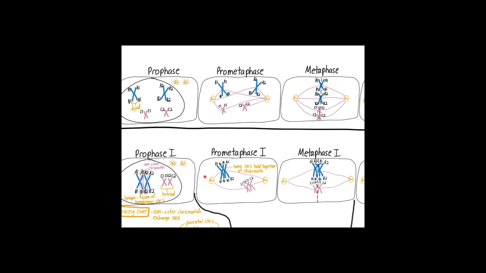During prometaphase 1 of meiosis, tetrads are bound by microtubules from both sides of the cell. But during prometaphase of mitosis, each sister chromatid of each chromosome is bound by microtubules from opposite sides of the cell.